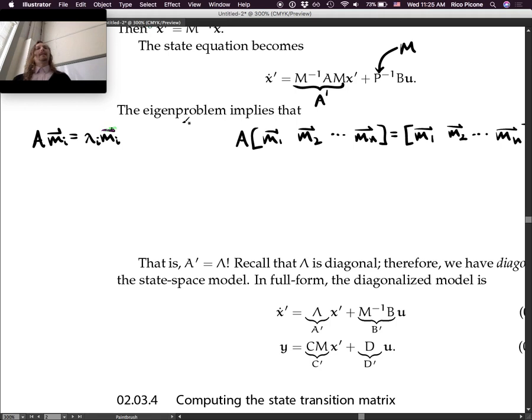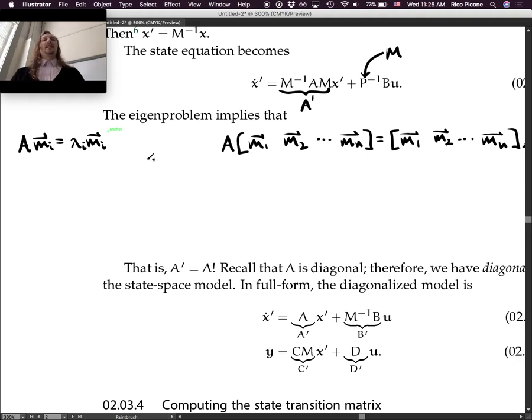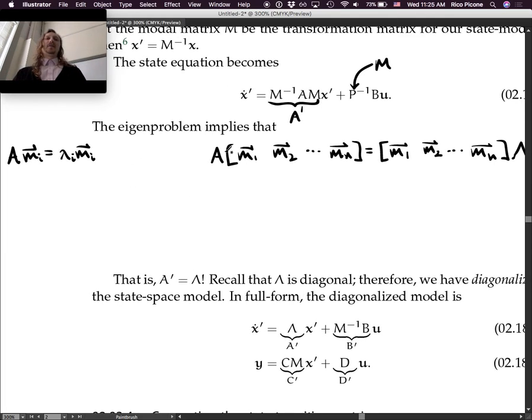Now if we use this identity and turn it into a massive matrix equation with all of them stuck together side by side, so that M1, M2, all the way to Mn are stuck into, you guys know what it is, the modal matrix, right?